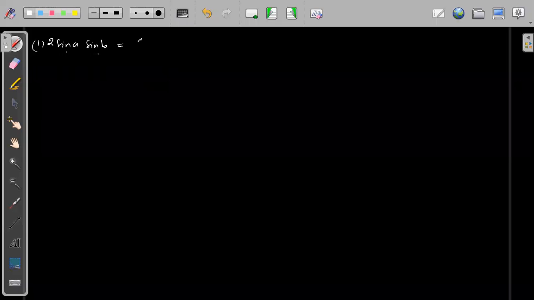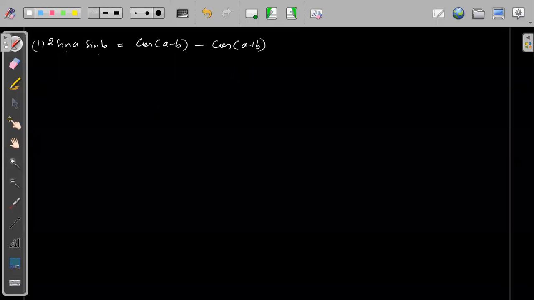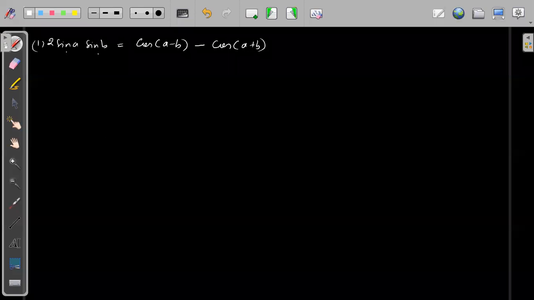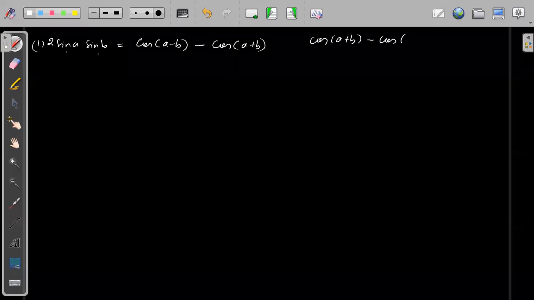So this is cos A minus B minus cos A plus B. Check this one. Some of you have written cos of A plus B minus cos of A minus B. This will give you minus 2 sine A sine B. But I have given you 2 sine A sine B. So this will be cos A minus B minus cos A plus B.